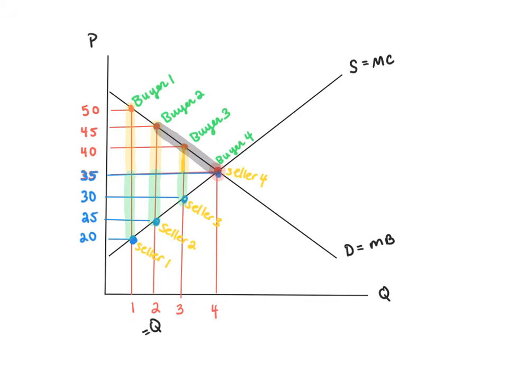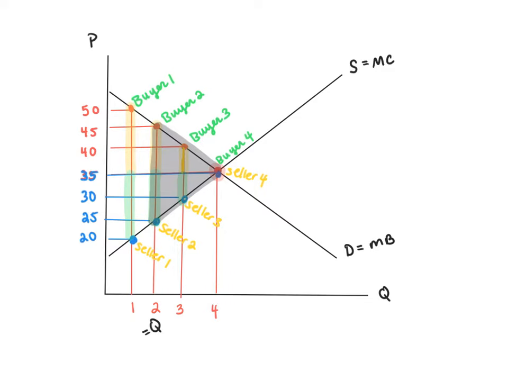Deadweight loss is the area below the demand curve, under the marginal benefit, and above the supply curve, above the marginal cost, for all the units, not just the whole number of units, but all the units in between that could have been enjoyed had these transactions been allowed to happen.